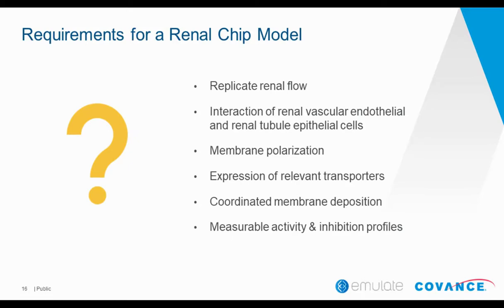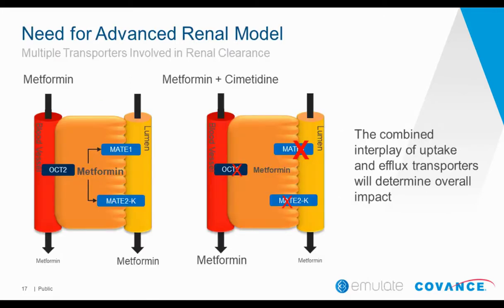And then from there, make certain that we have not only measurable activities from a messenger, but functional activity of the various transporters against target molecules. And then that would translate into the expected inhibition profiles that we would see in order to generate the adequate clinical drug-drug interaction models.